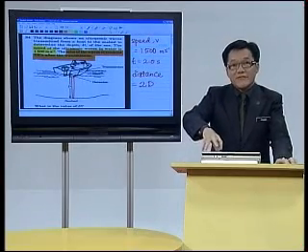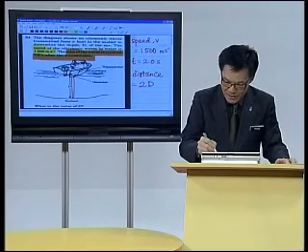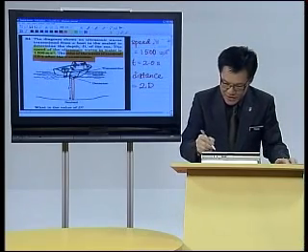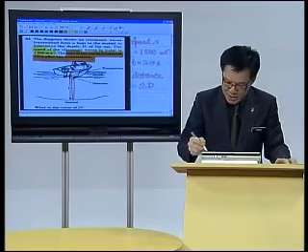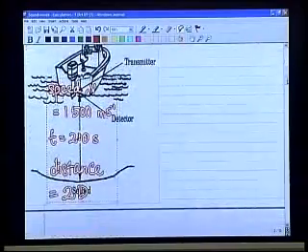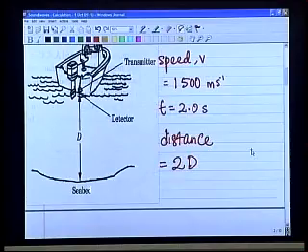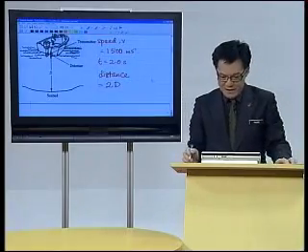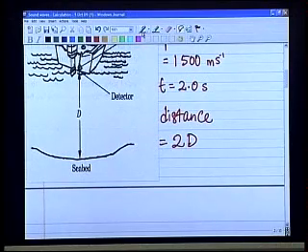Now after you have had these values, it becomes easy. Let me collect these values, because I'm bringing it to another page. Now we have these values. So where do we go from here? This is V, t, distance equals 2d.